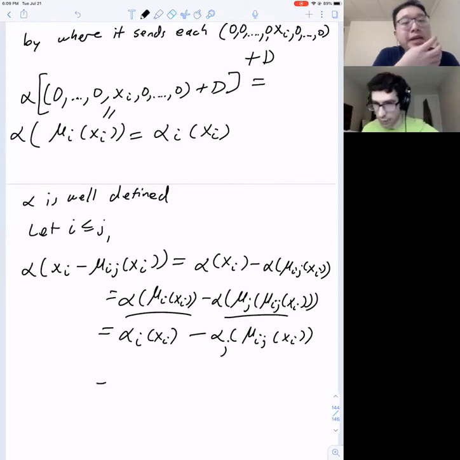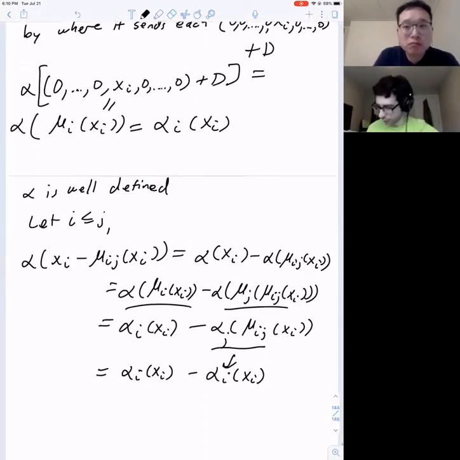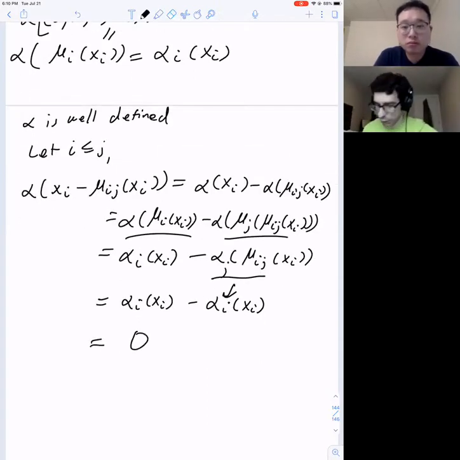But that's the same as alpha_i of x_i minus alpha_i of x_i, because these maps commute to give you just alpha_i. And so this is just 0. That's good.